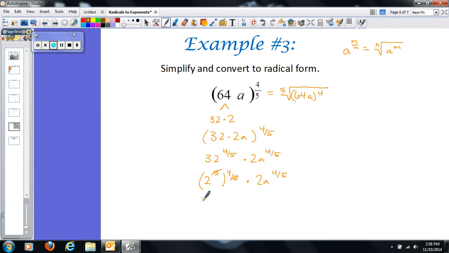This will cancel with this, leaving me with 2 to the 4th, which is 16, times 2a to the 4/5. And then from here, we still have a radical here, so we're going to go 16 fifth root of 2a to the 4th. Okay?